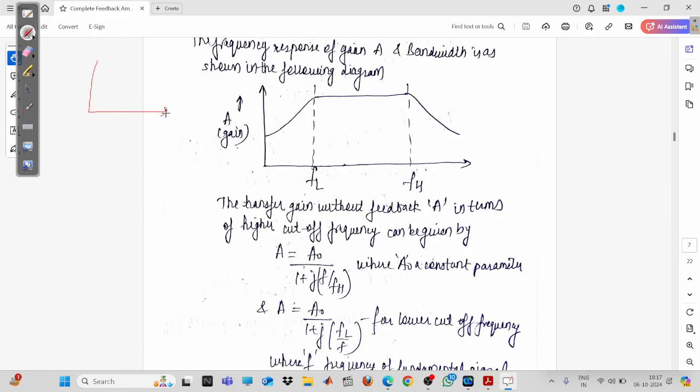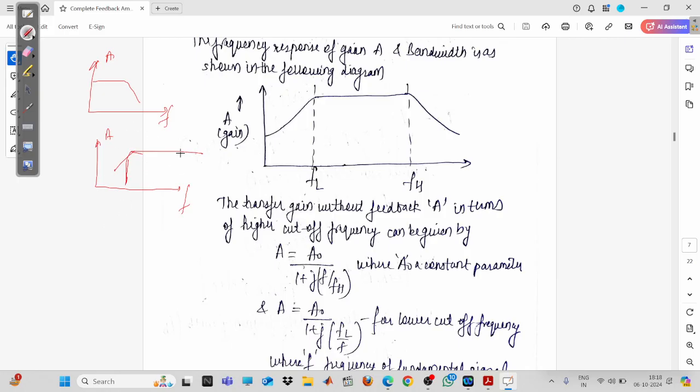Low pass filter means what? Suppose this is the frequency, this is the gain. This low pass filter will pass only the lower band frequencies, and will attenuate the higher frequencies. Now talking about the high pass filter. The high pass filter will block the lower range of frequencies and will pass the higher range of frequencies.